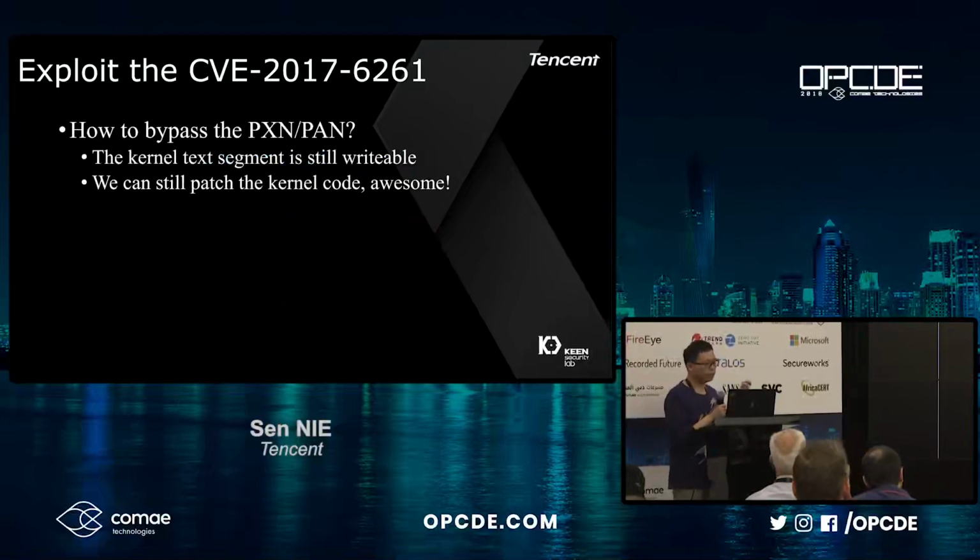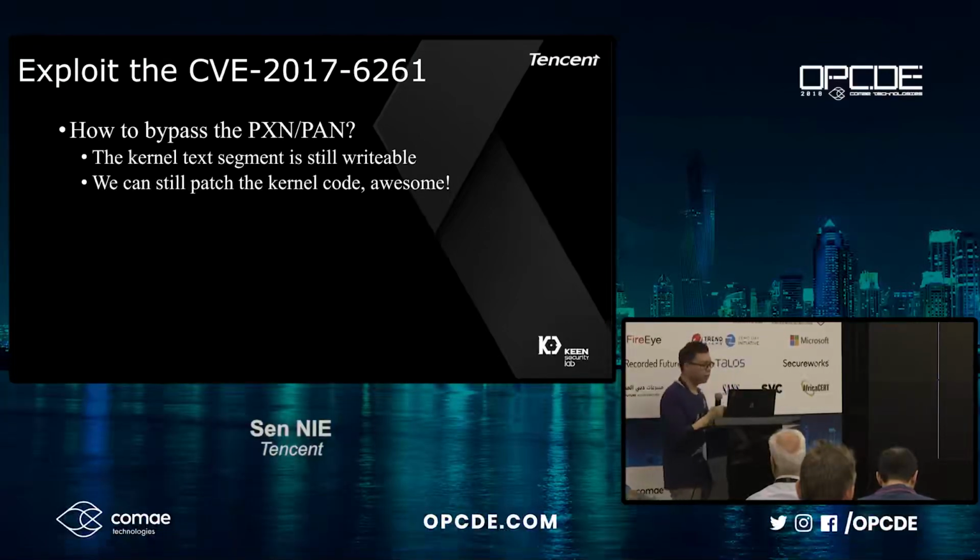Then here we'll talk about how to bypass those mitigations. For the PAN mitigation, it's actually very funny, I think. The kernel has this mitigation enabled by default, but we found that the text segment, the kernel code segment, is still writable. What does it mean?